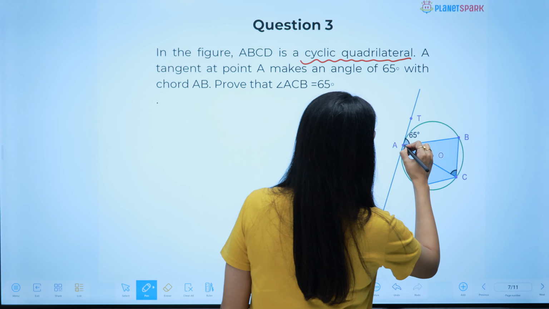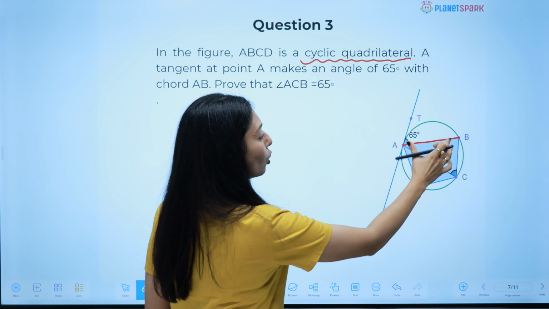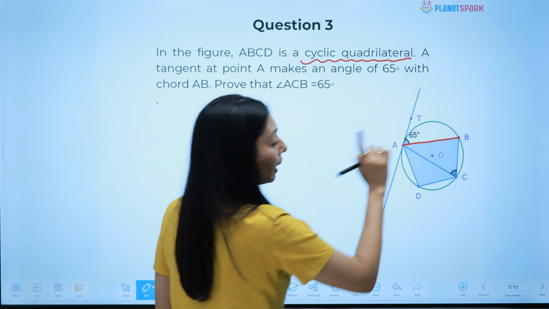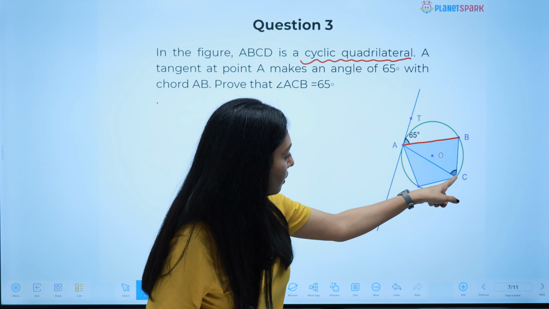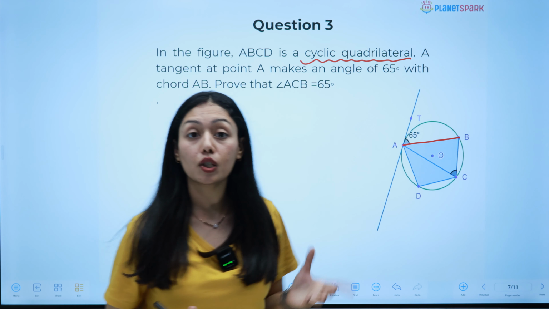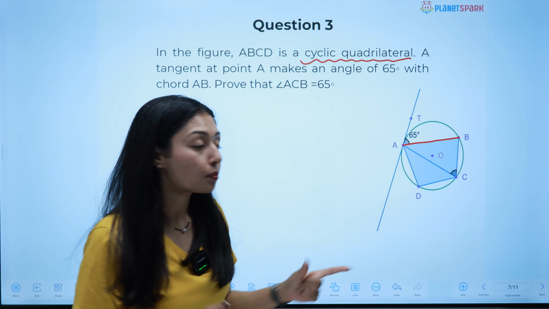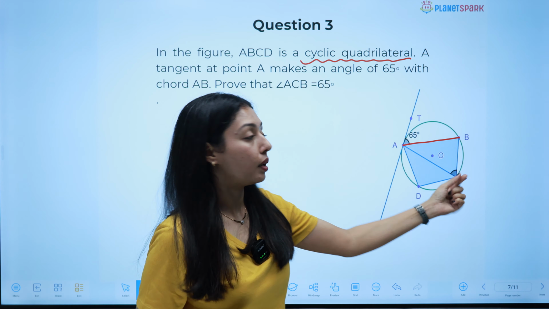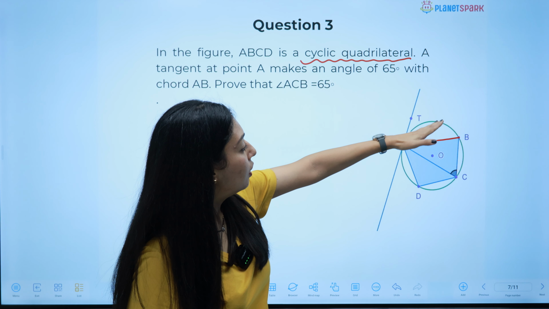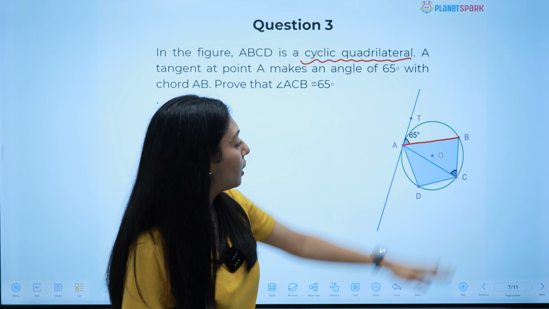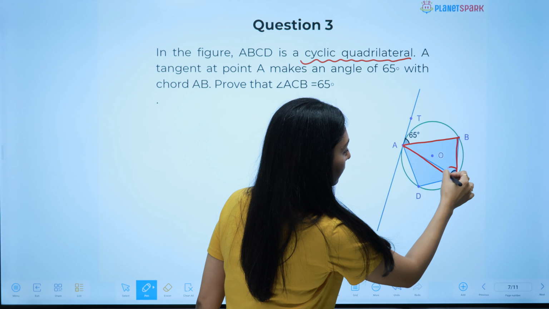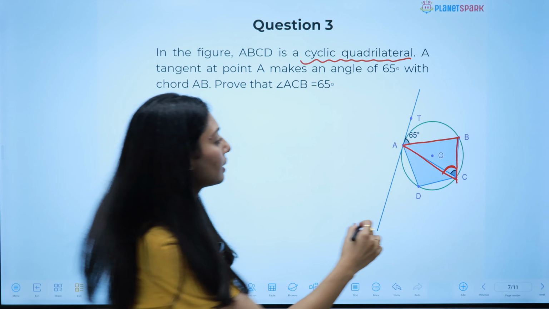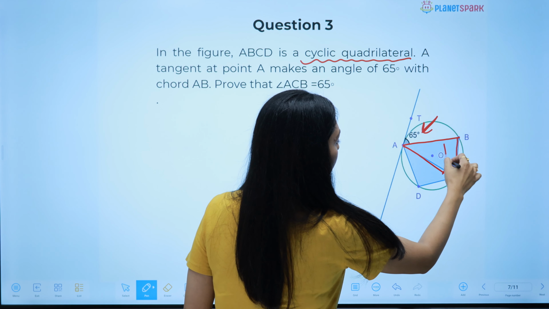So, if this is the chord that we are taking here, AB, the angle between chord AB and tangent is here. So, it will be equal to which angle everybody? This angle, this angle, this angle, this angle. Which one? How do we know? The angle subtended by this chord in the alternate segment. So we will not take this segment, the alternate segment. In this segment, which angle is this chord subtending on the circle? This one, right? So we can say these two angles will be equal.